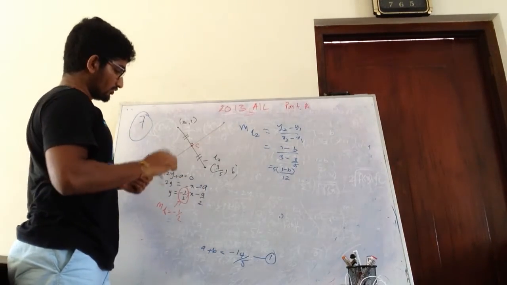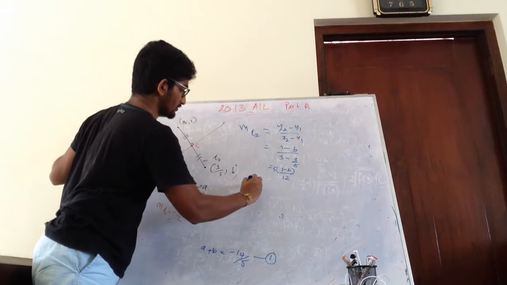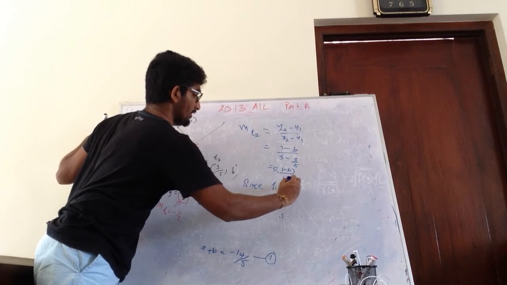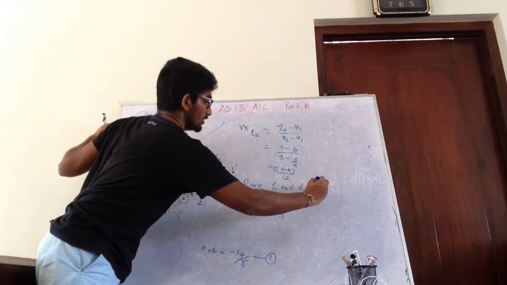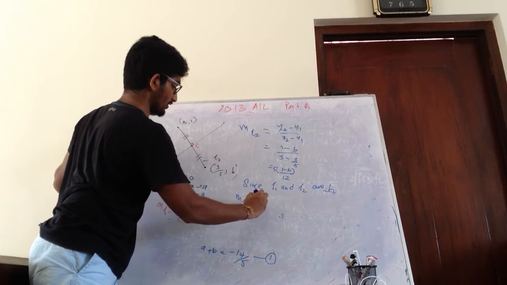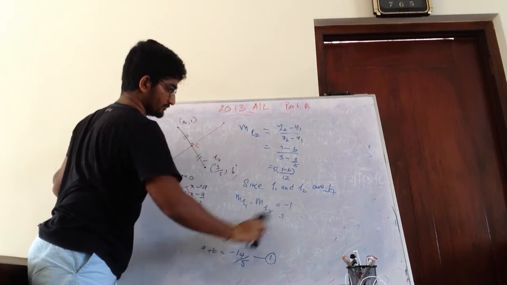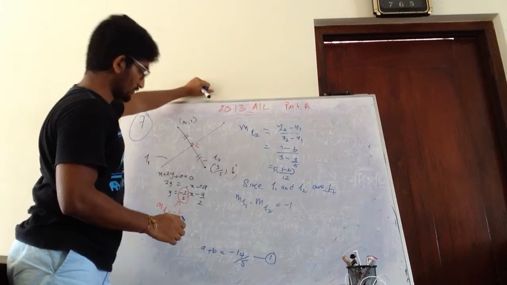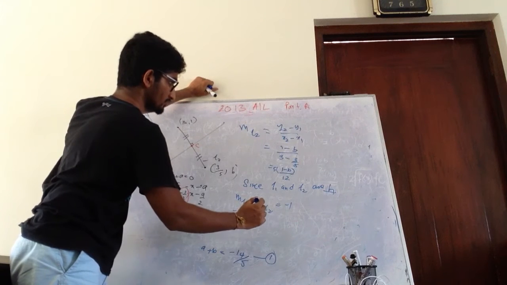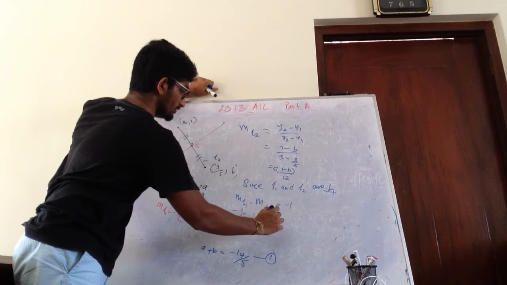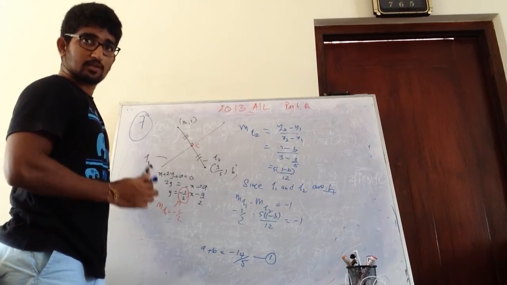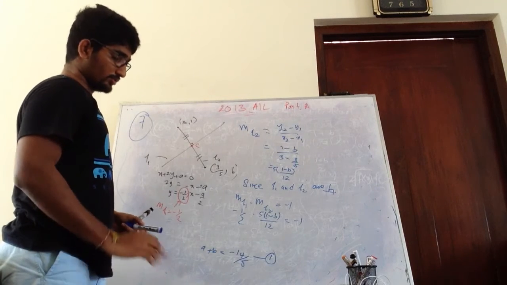Right? So now since L1 and L2 are perpendicular, L1 into L2 is going to be -1. Correct, no? So that is -half into 5 times 1 minus b over 12 equals -1. Correct, no? So now what?